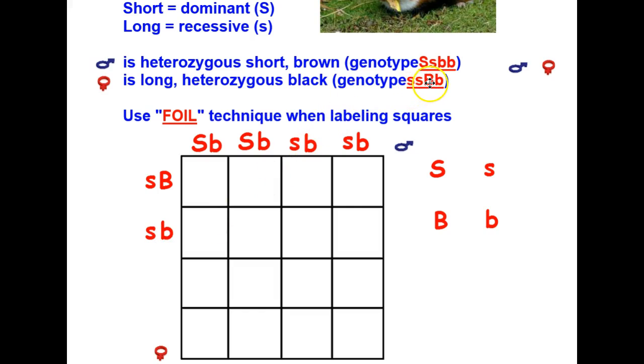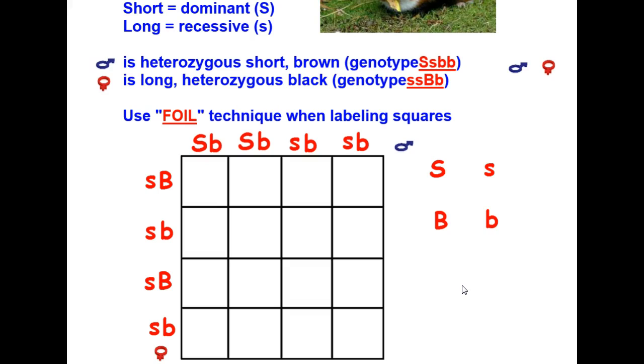Inside, little s, big B. And last, little s, little b. All right, now our female is set up for our 4x4 square.